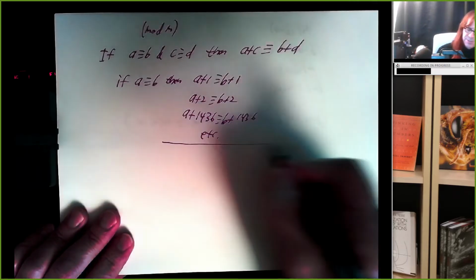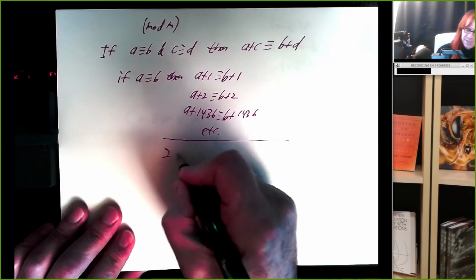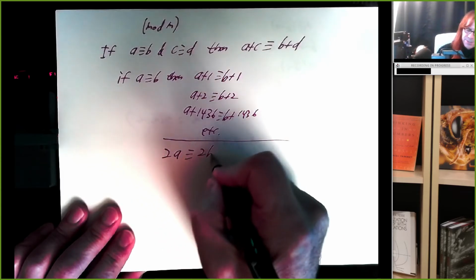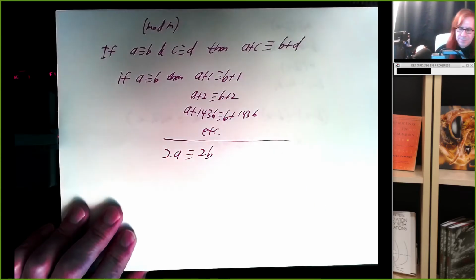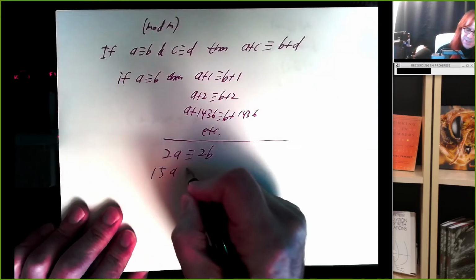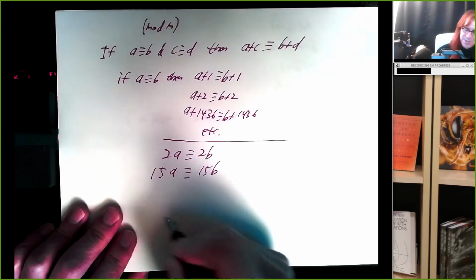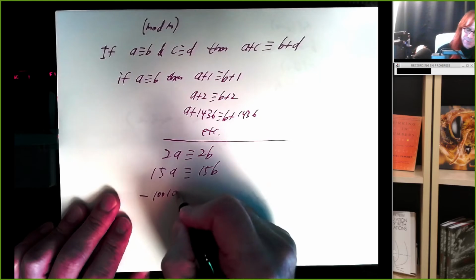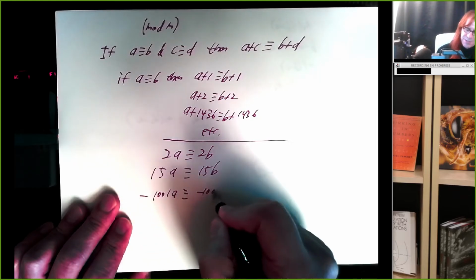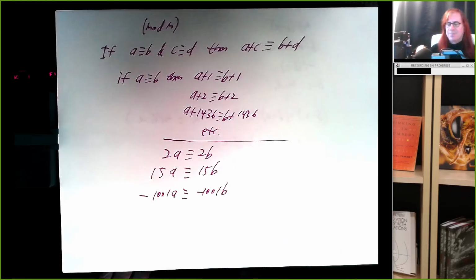I can also multiply. I can say that 2 times a is congruent to 2 times b. Or 15 times a is congruent to 15 times b. Or negative 1,001 times a is congruent to negative 1,001 times b. So I can multiply both sides by a fixed integer, and the congruence is preserved.